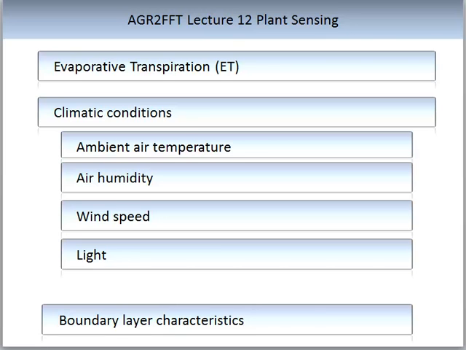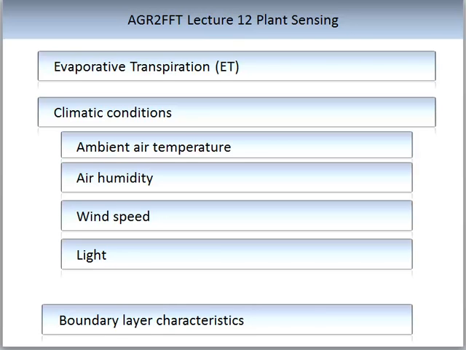An algorithm has been developed to determine the relationship of these climatic conditions and how they influence evaporative transpiration and demand. It is worth noting that evaporative transpiration is very dependent upon the boundary layer characteristics.